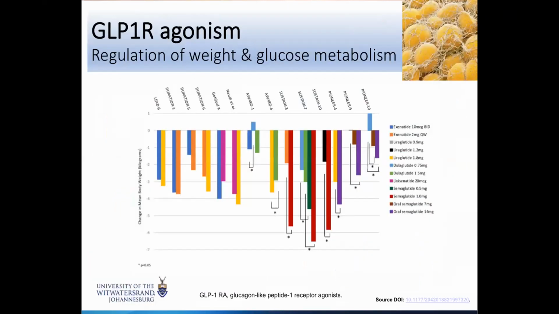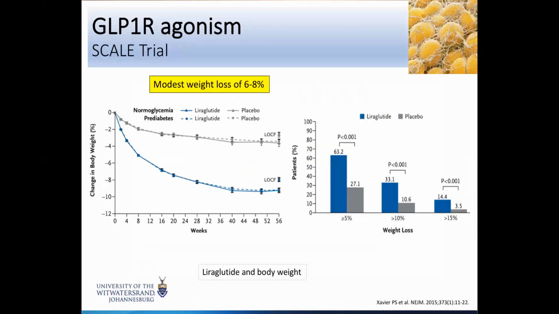This is a summary of all the diabetic trials in terms of GLP-1 receptor agonism. And all you really need to take from the slide is that as a class, there is weight loss. The red bars are the drug semaglutide and the yellow bars are liraglutide. Briefly, I'm just going to go through the SCALE trial from liraglutide, which showed modest weight loss of 6 to 8%.